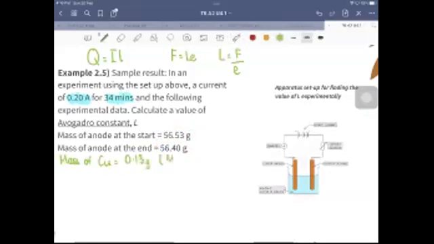Bearing in mind, mass loss is equal to mass gain. So in the setup, we have produced 0.13 grams of copper.